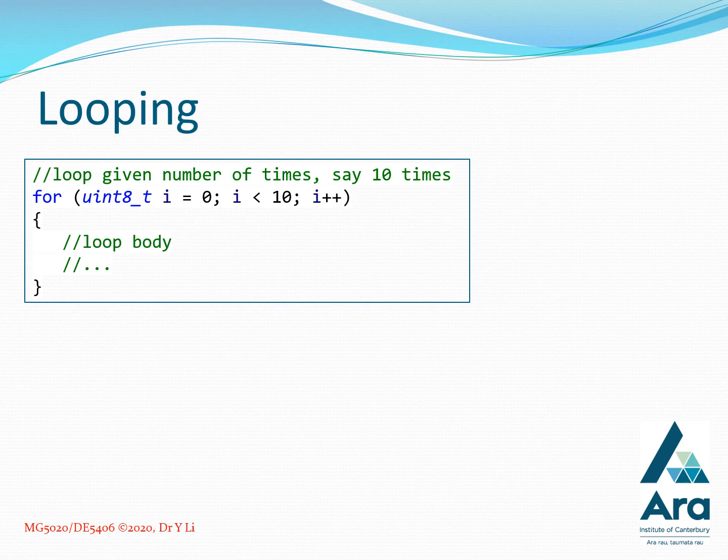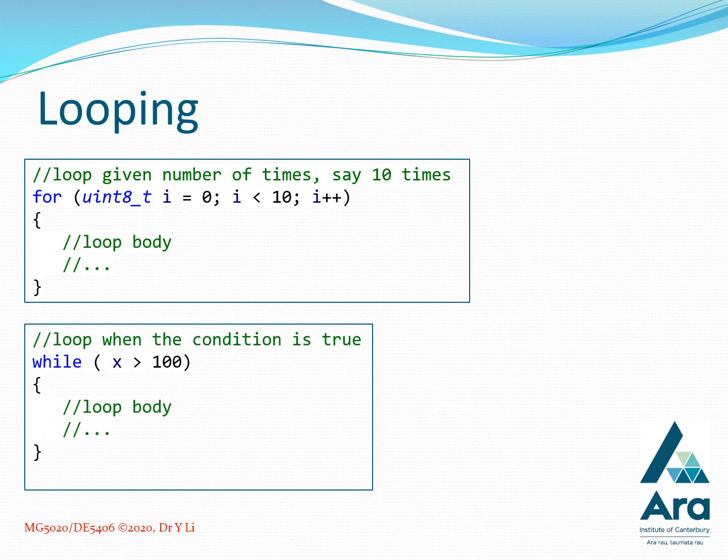In a for loop, you need a counter, normally starting from 0 and stopping just before 10, and then incrementing it each time. So starting from 0, keep looping up to before 10, so that you get 10 times. Here's the loop body, which will be executed 10 times in this example.